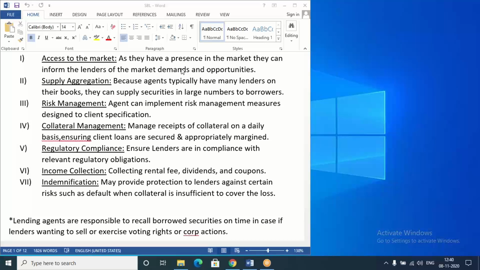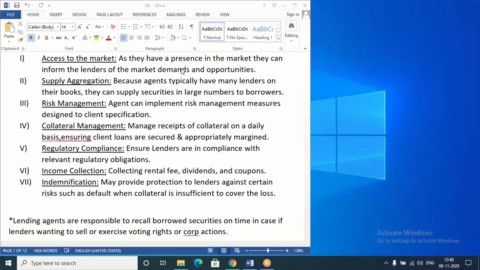Access to market. Because your custodians and securities lenders have presence in the markets globally, like I gave the example of Chase, right? Is Chase present in only one market geographically, or more? Does it have a domestic presence or a global presence?